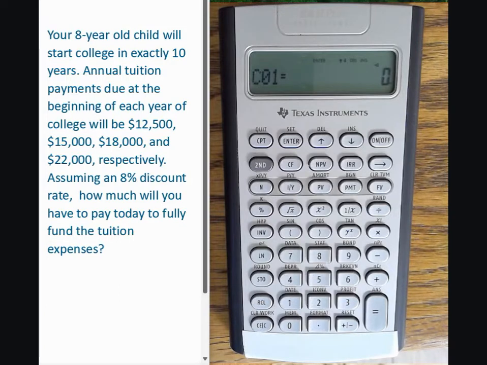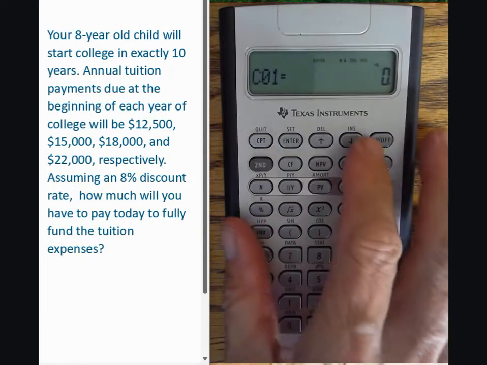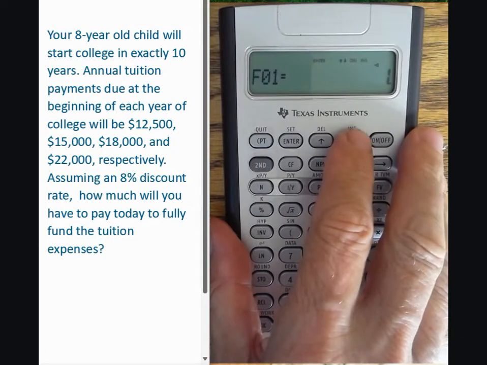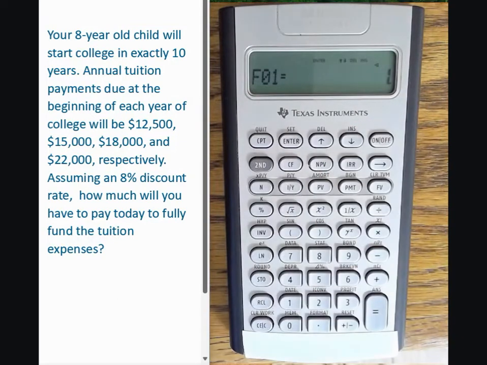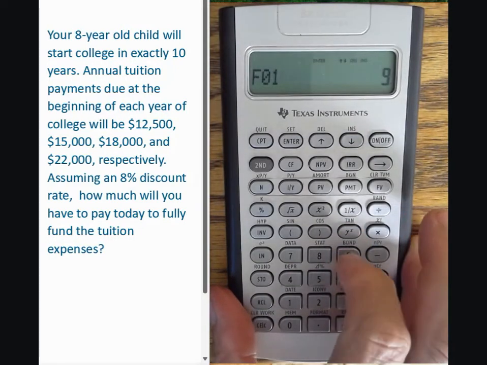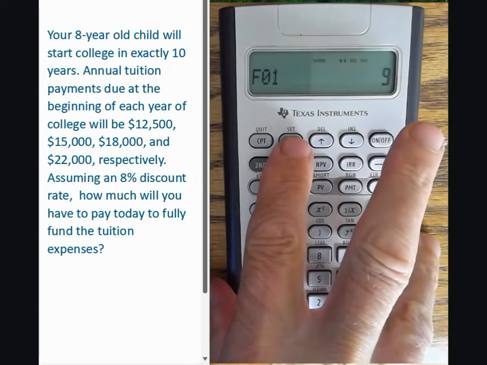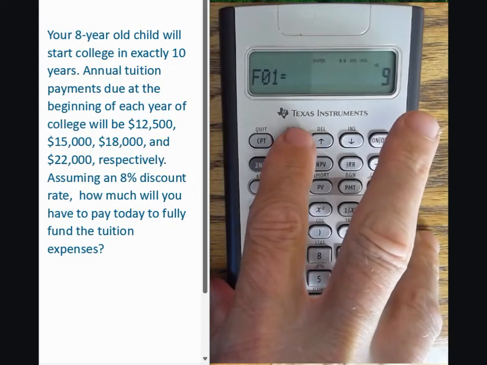Or since those cash flows are in a row, they have to be in a row so I can identify where they are for my calculator, press the down arrow, and I've got F01. That's the frequency. How many of those $0 cash flows in this case are there in a row? I'm just going to press 9 because there's 9 years where we do nothing, and then press enter.